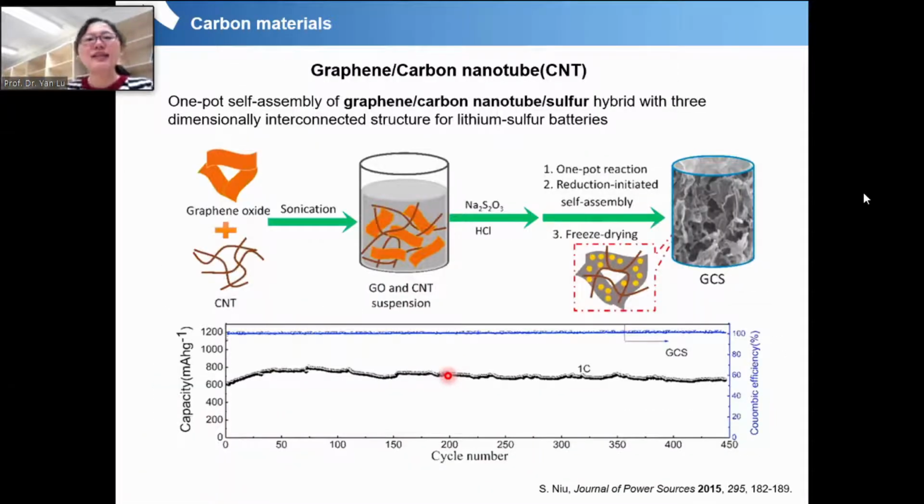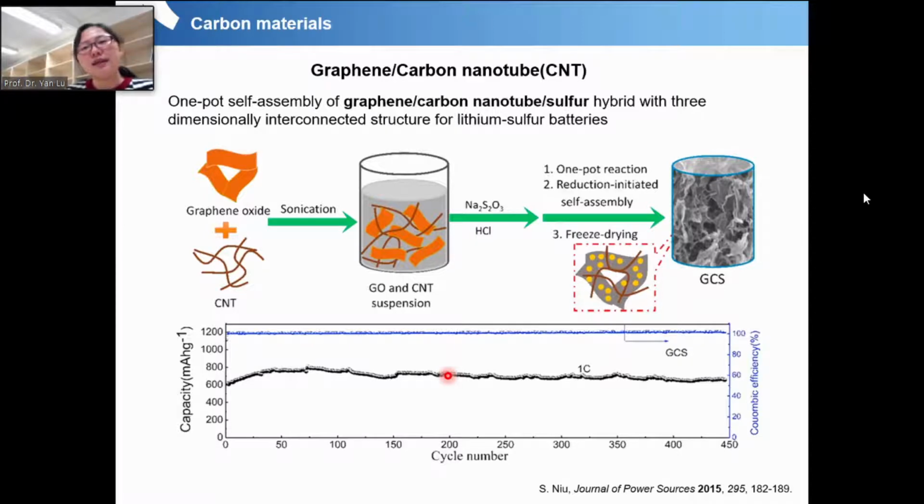As a second example, they are trying to make a cathode based on graphene with carbon nanotubes. They use what they call one-pot self-assembly of the graphene carbon nanotube.